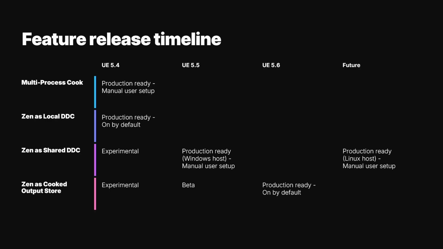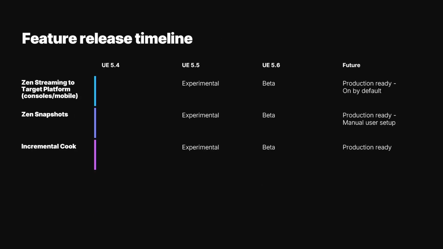The thing to be aware of is there's a number of separate distinct things that are helping with this, each of them completing on a different timeline, whether it's stuff that was production ready in 5.4, stuff that is production ready in 5.5, beta in 5.5, or the items that are experimental and are going to be completing in the future.